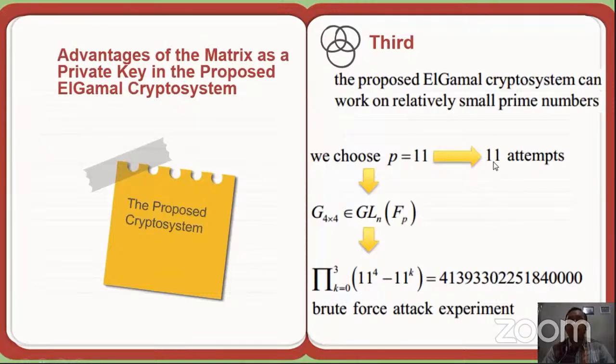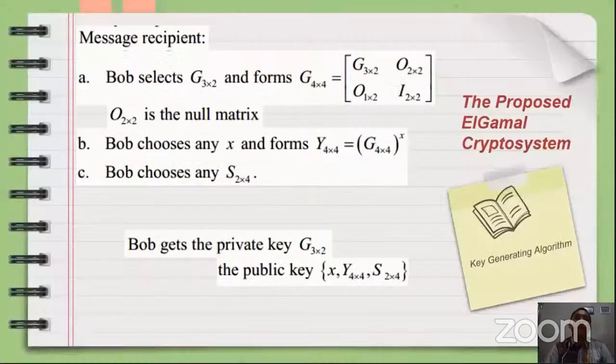We can compare it. 11 compared to this many digits of brute force attack experiment, I think this is more safe than the algorithmic crypto system. The proposed algorithmic crypto system is more safe.